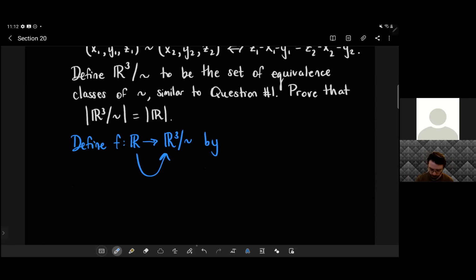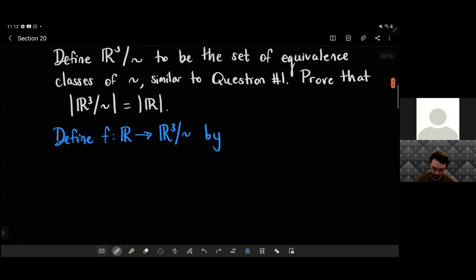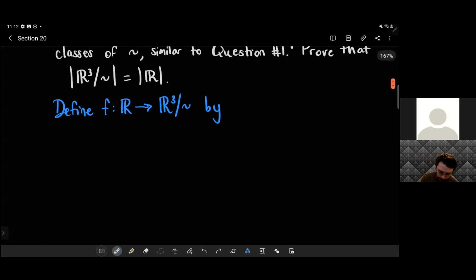So it's the reverse of what we did last time, just to keep things interesting. So I'm going to say f of z, since we were talking about the z-axis, f of z equals the equivalence class of some point in three-dimensional space.